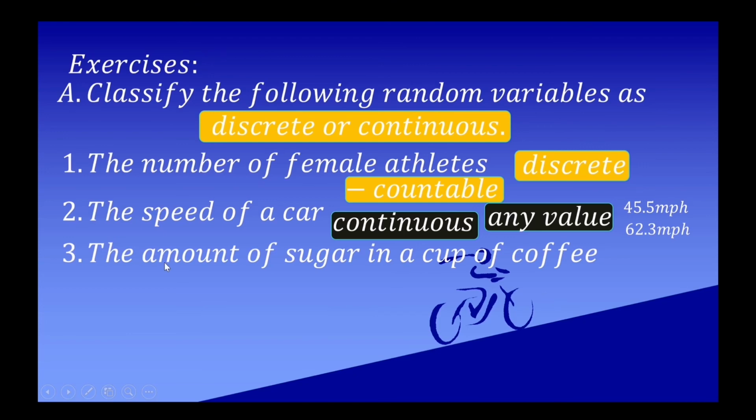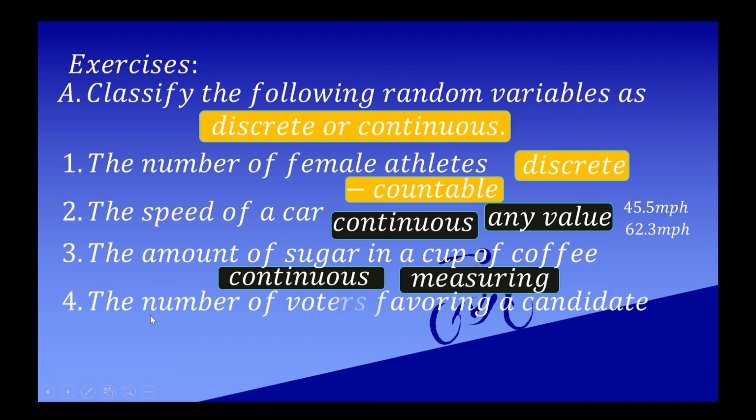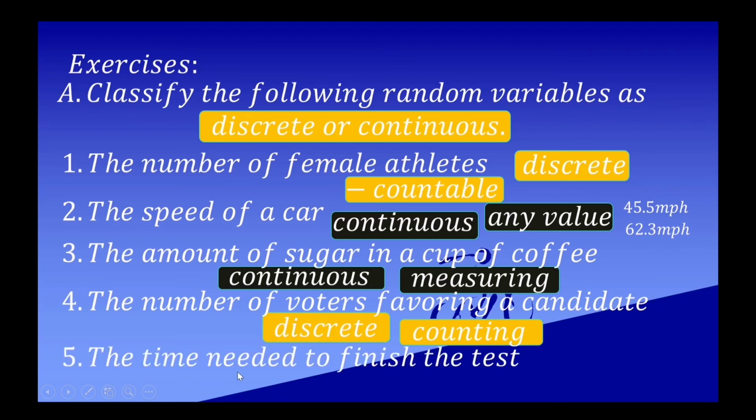Number 3, the amount of sugar in a cup of coffee. Again, it takes the value by measuring, so this is continuous. Number 4, the number of voters favoring a candidate. To find the number of voters, the value is obtained by counting, so this is discrete.